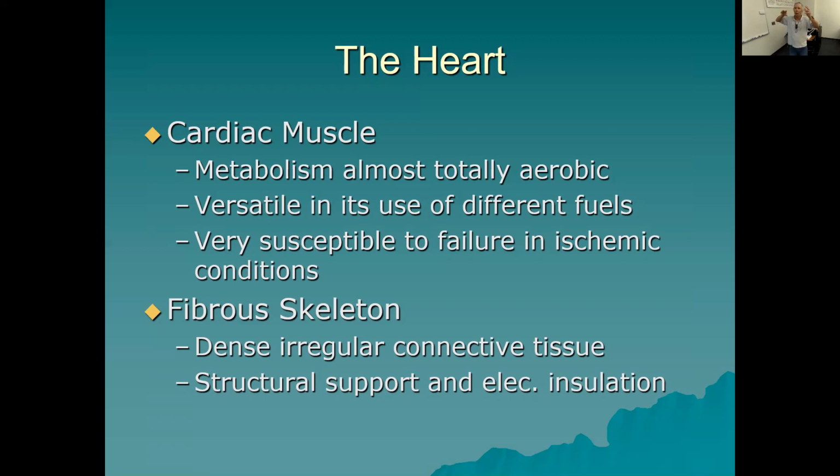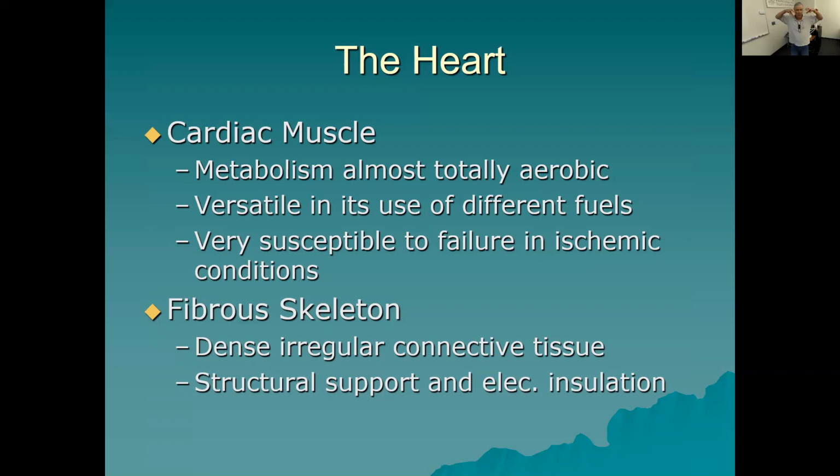The part where the great vessels leave the heart is called the base of the heart. And although it's called the base, it's actually superior. The apex of the heart is the point made by the ventricles. It is inferior to the base.